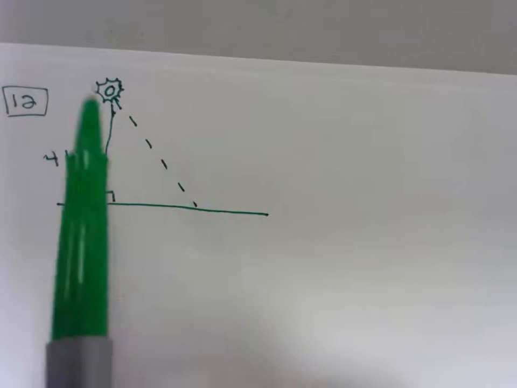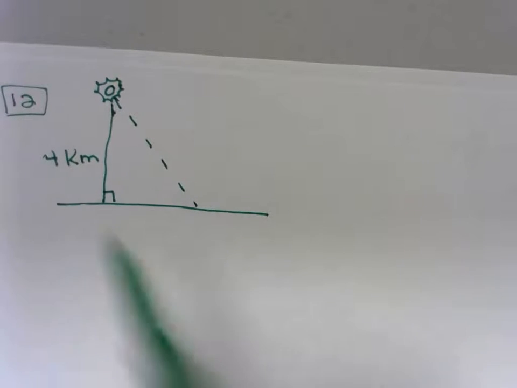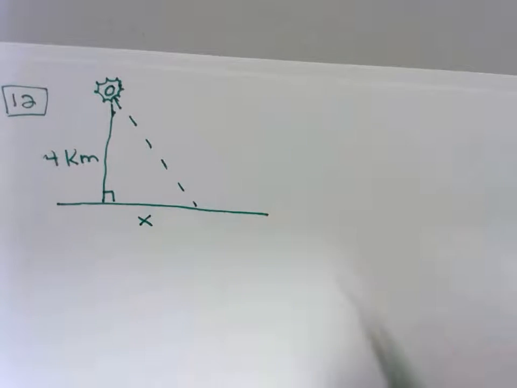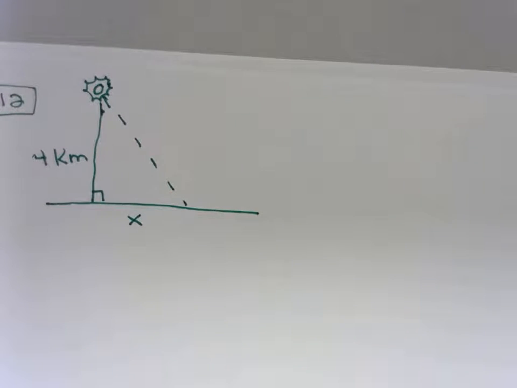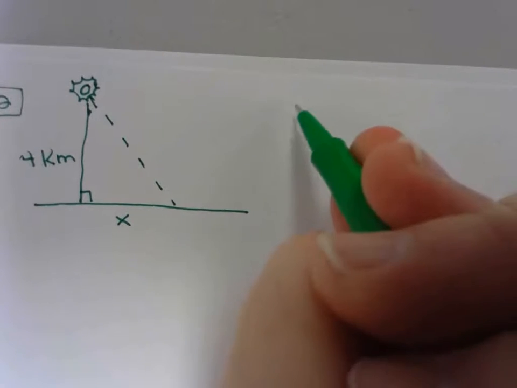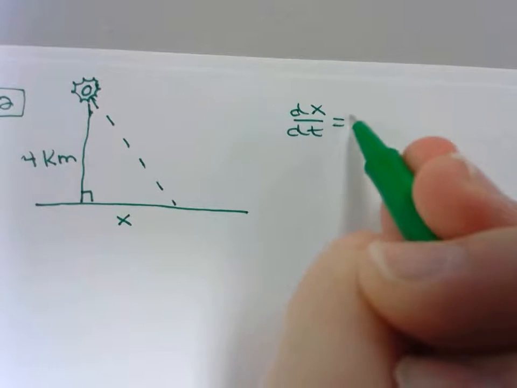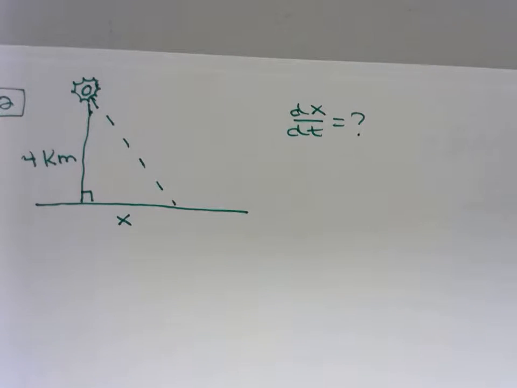So this is my beam, and this is x. I label that x. I want to know how that distance is changing, so I'm looking for dx/dt. That's what they're asking for, because I want to know how the distance on the shoreline is changing, how it moves across the shoreline.